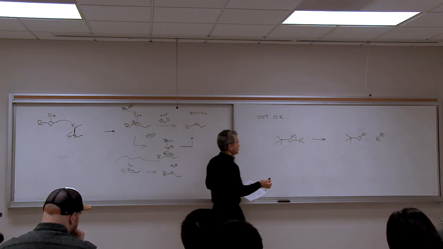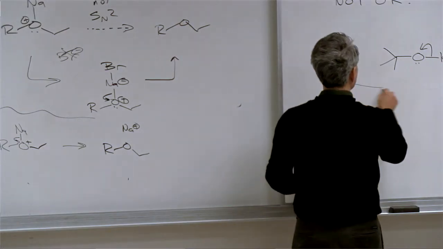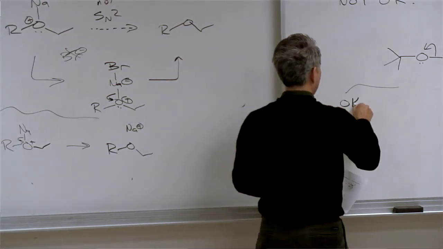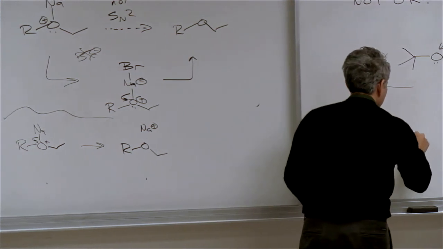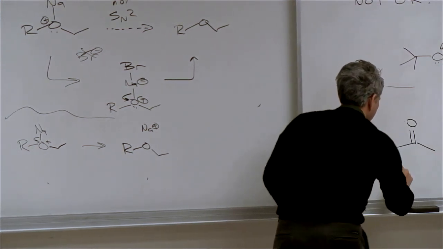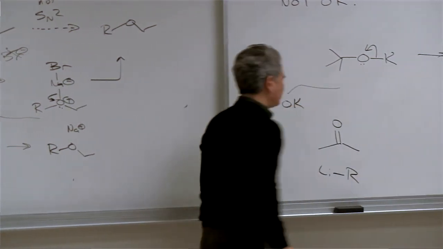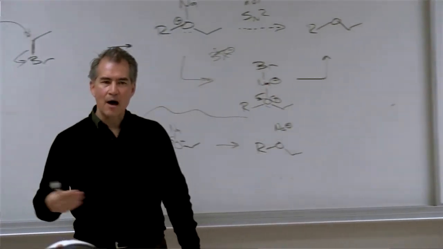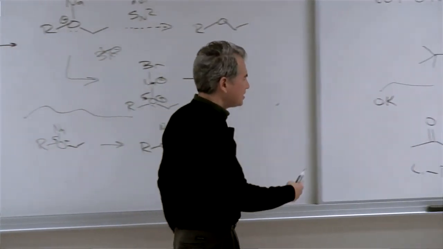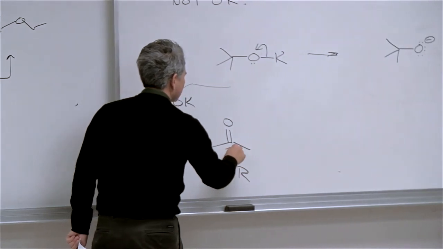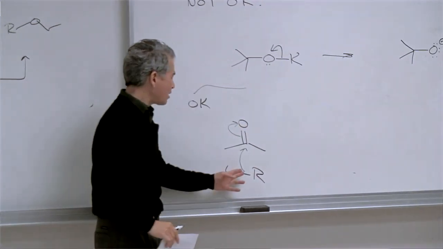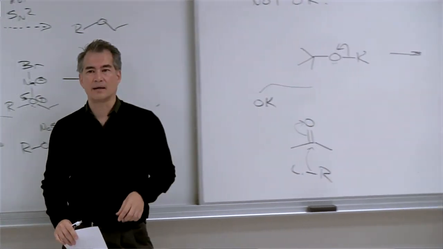And I'm not telling you that you can't draw O minus floating around in your reaction. Here's what I would allow you to do. If you draw out a mechanism for an alkyllithium, butyllithium, methyllithium, phenyllithium attacking some carbonyl group, there's a strong driving force to form a new sigma bond there.